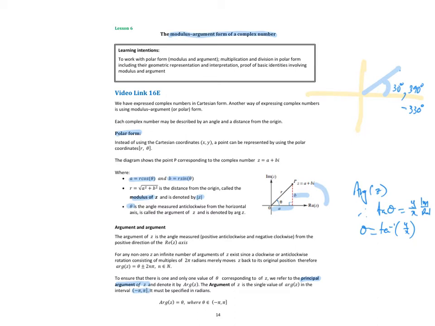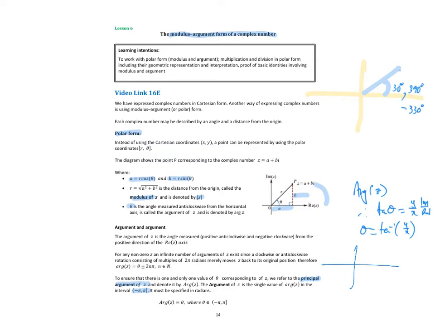So if we think about our Cartesian plane, or our Argand diagram, got there eventually.